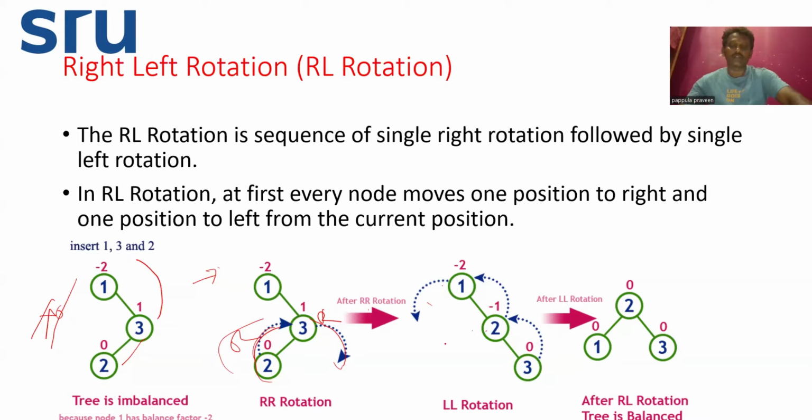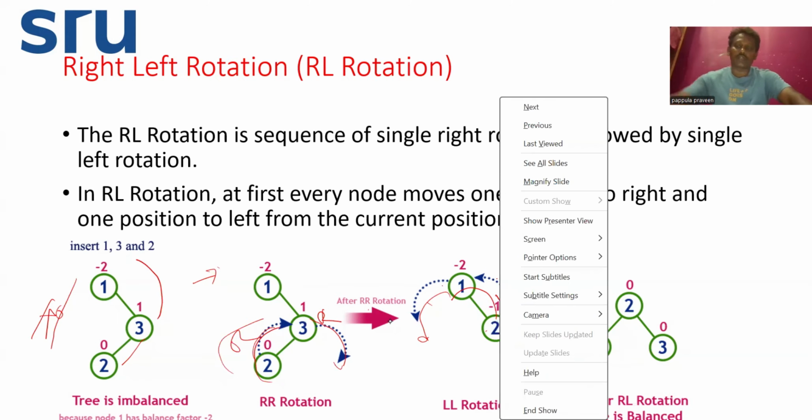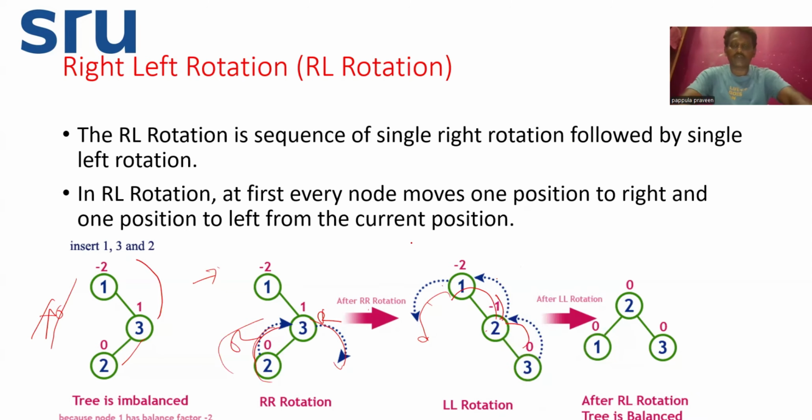Again, now 3 is moved to here, 2 is moved to here, and 1 is automatically moved to the left. So now 2 is the root node, 1 is the left child, and 3 is the right child. So this is called the left rotation. So finally, after right, after left, we get the right left rotation. RL rotation, now the tree is balanced.